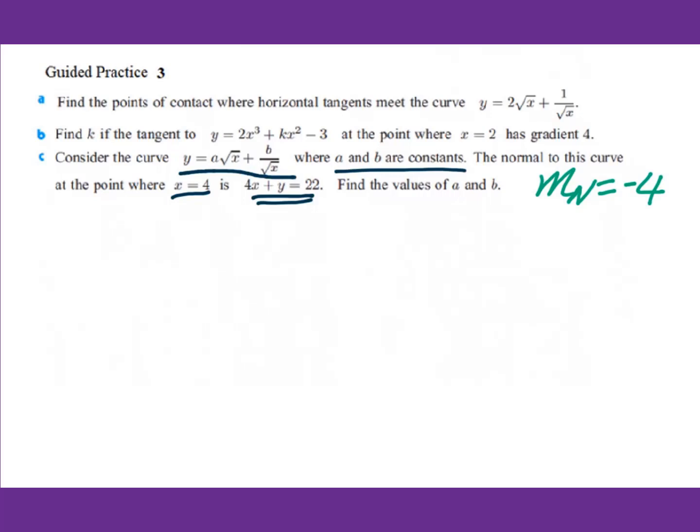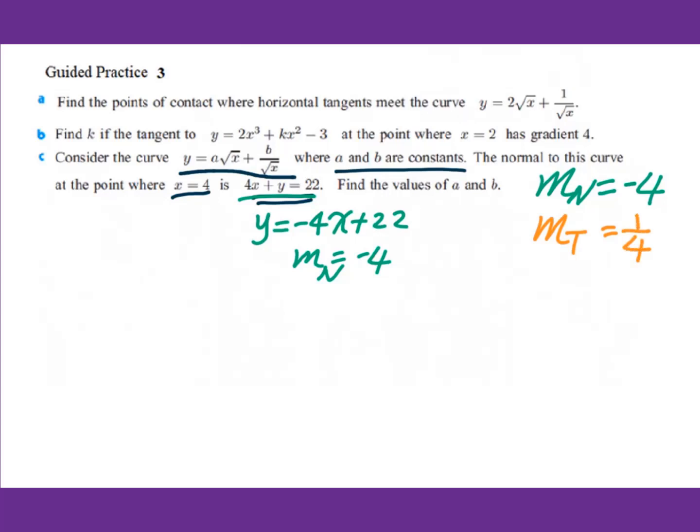Because for this linear equation, I can write down y equals negative 4x plus 22. Therefore, the slope is negative 4. That's its normal. Then we will get the slope of the tangent line, do the opposite and the reciprocal, which is 1 over 4. In other words, f prime of 4 equals 1 over 4.